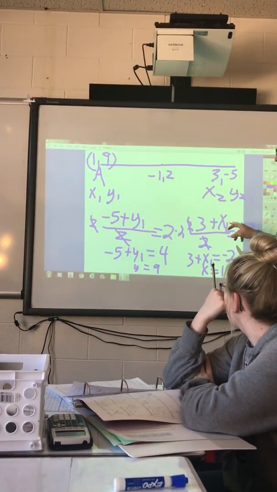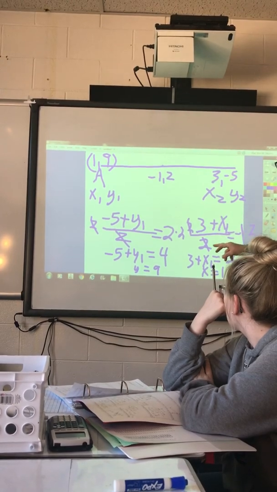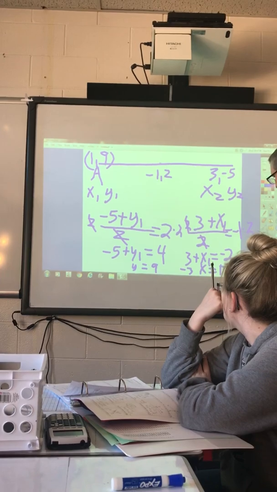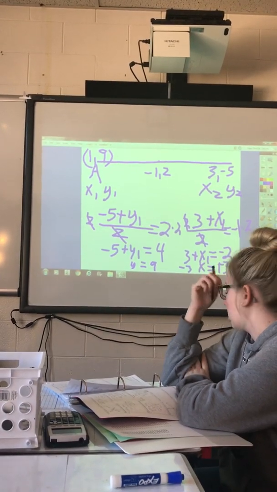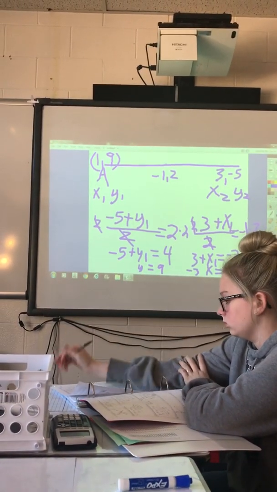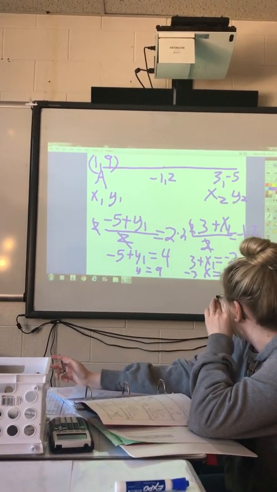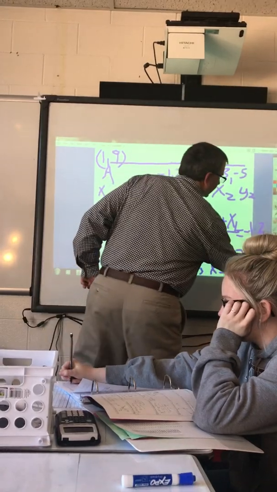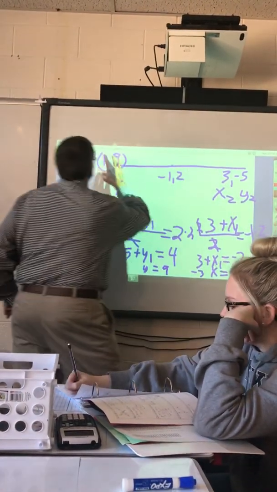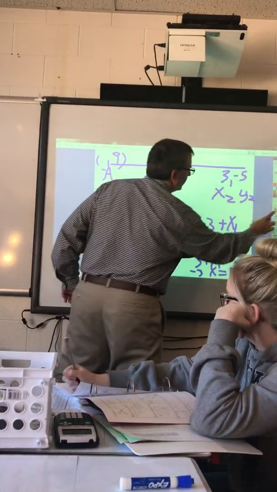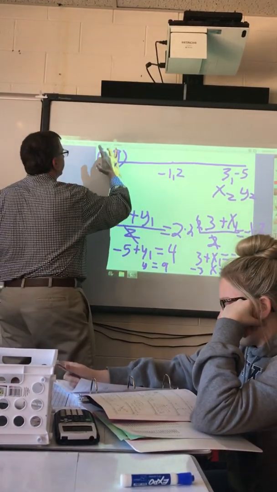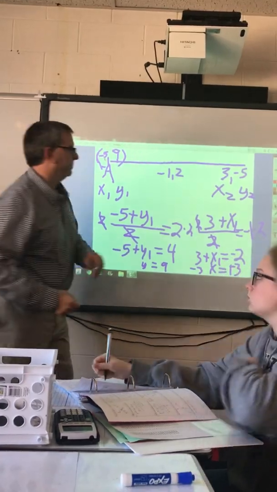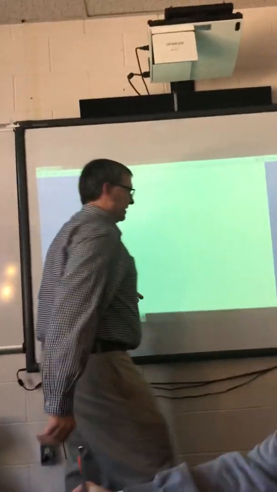Oh, I'm sorry. When I subtracted 3, what's -2 minus 3? -5. That was my bad. I apologize. So that's going to be -5. I'll try not to do too many more mess ups there.